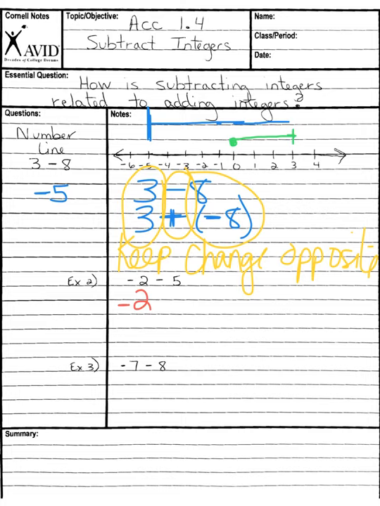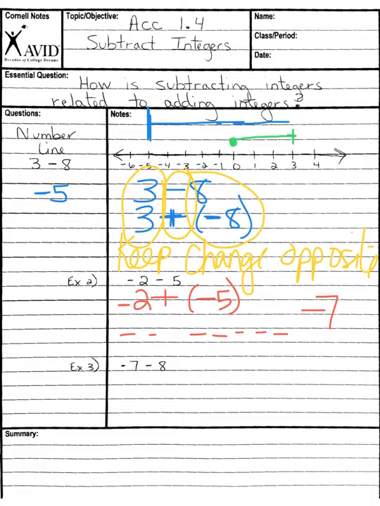We're going to change the subtract to add, and the opposite of a positive 5 is a negative 5. And here I would think about, I have 2 negatives and I have 5 more negatives. How many total negatives do I have? I have 7 negatives.